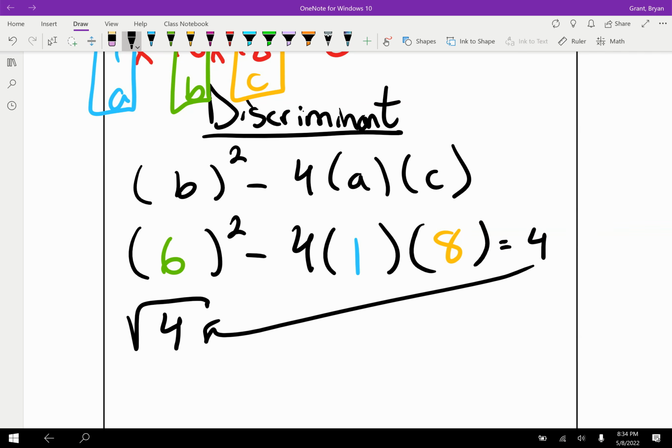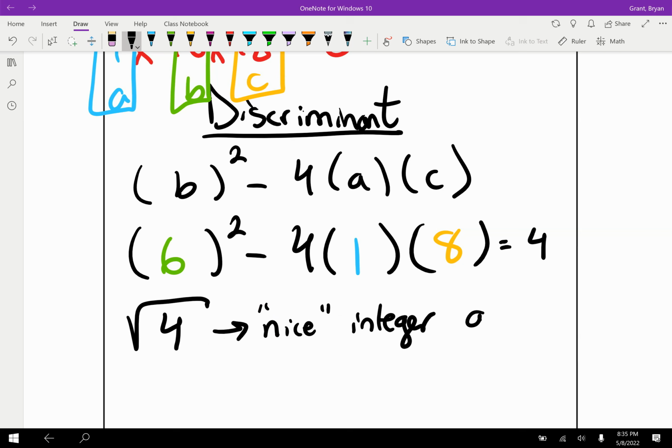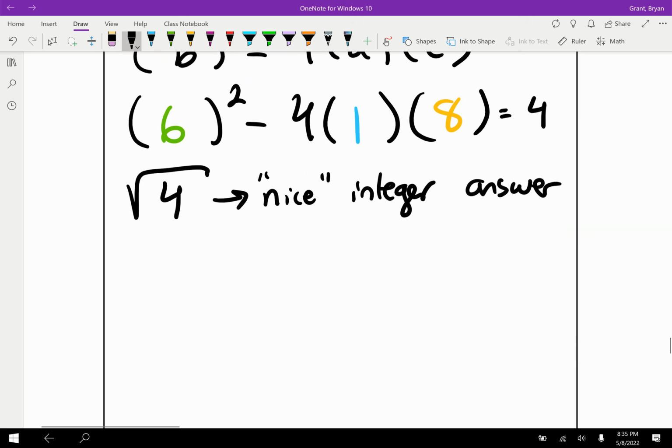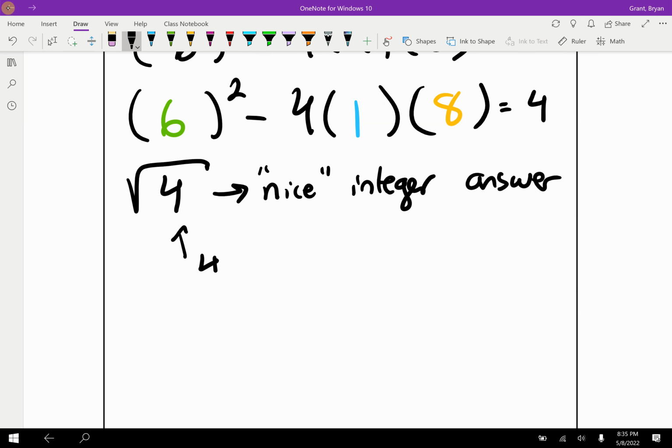Is the square root of 4 a nice integer answer or a gross answer? That's a nice answer, right? This is a nice, I'll put the real term here, integer answer. You can try it on your calculator. The answer is, of course, 2. You can also see on your factor sheet that it is in a box.